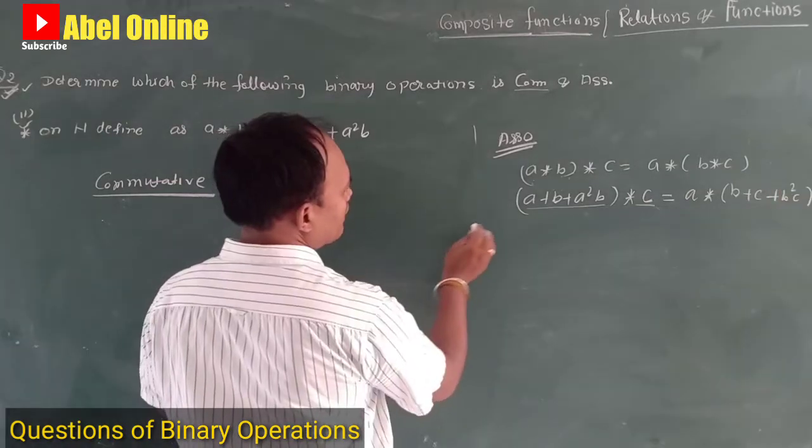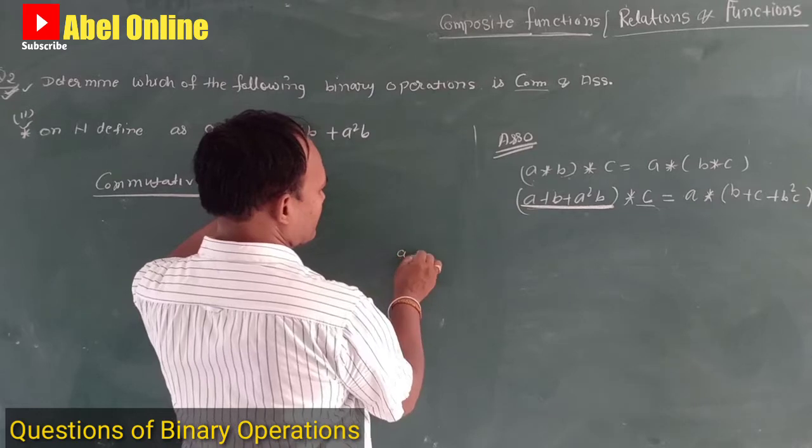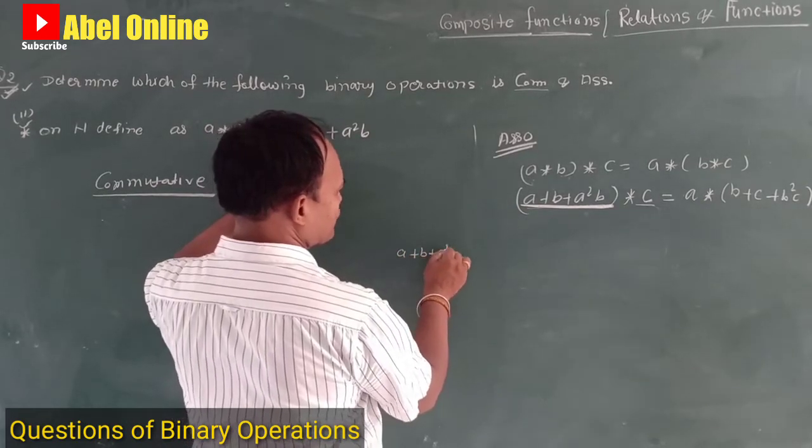Okay, now this is the value of a means a plus b plus a square b.